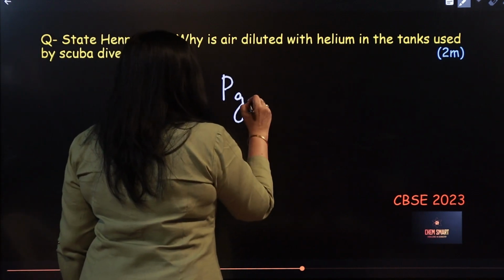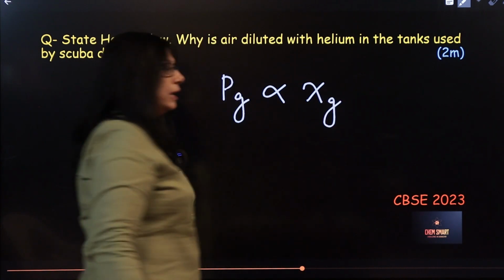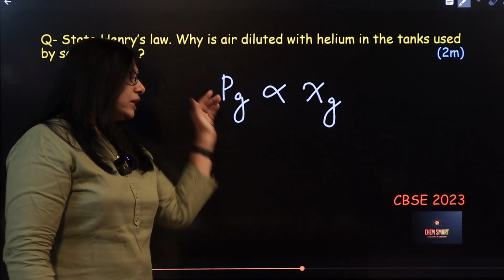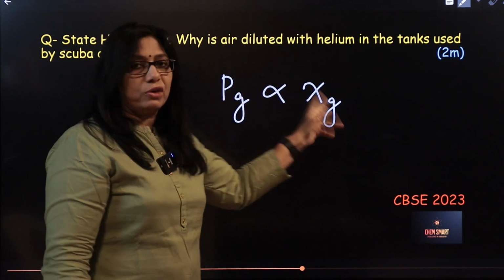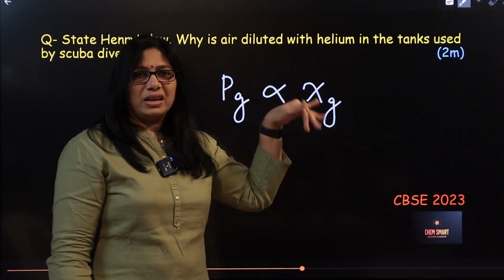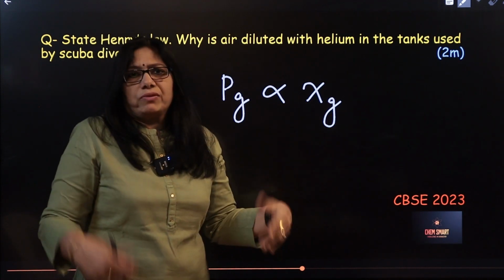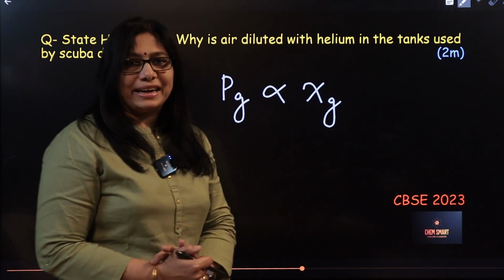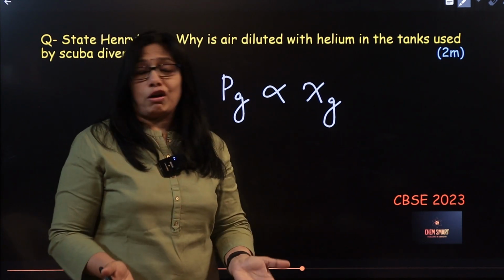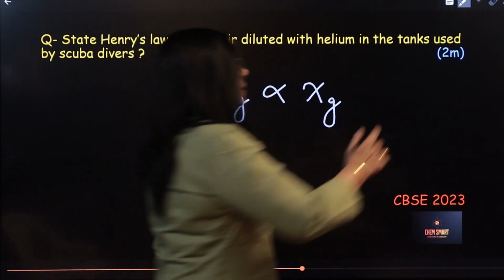P gas is directly proportional to chi gas. Like what I told you, if you exert more pressure, more gas will go into solution, so its mole fraction in the solution will increase. Clear? And P gas is equal to KH into chi gas, where KH is the Henry's law constant. Clear? Be ready with Henry's law, Raoult's law, etc. for the exam. They are almost like sure questions.